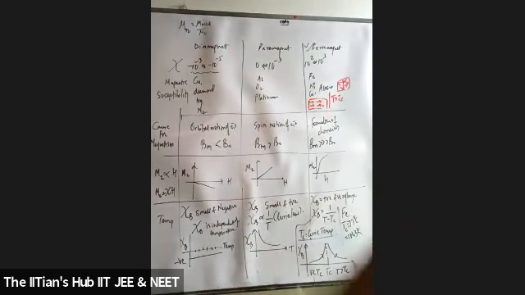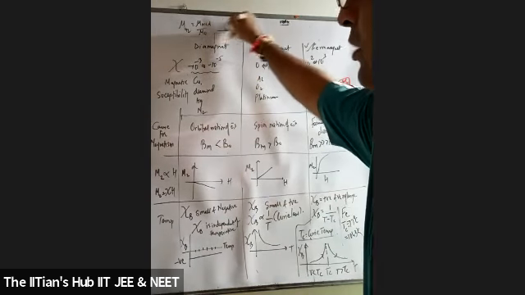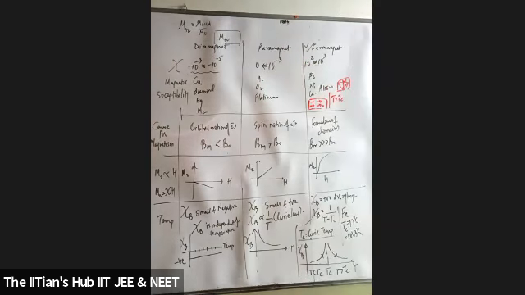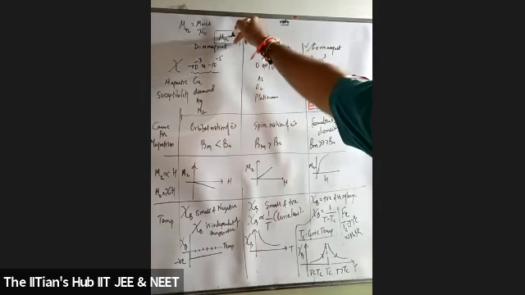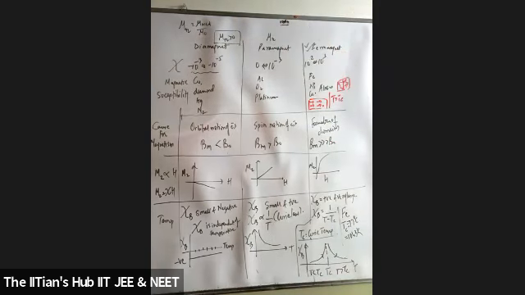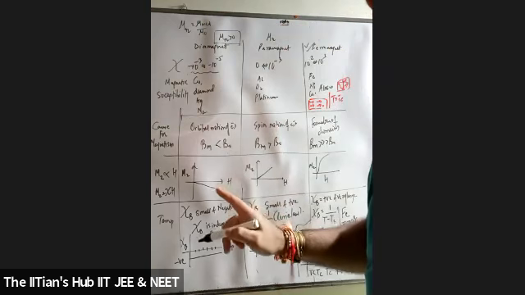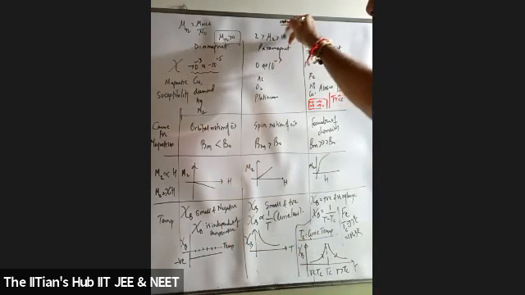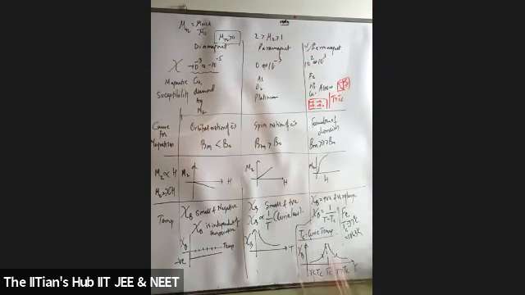अगर मैं diamagnetic substance लेता हूँ ना students, for diamagnetic substance, do keep in mind your relative permeability will be always greater than 0. For paramagnetic substance students, the relative permeability will be greater than 1 but less than 2.